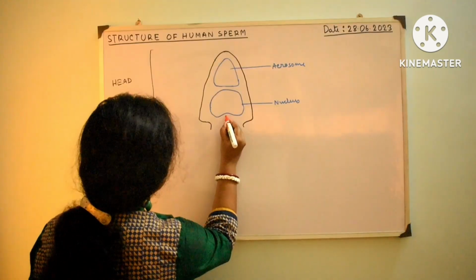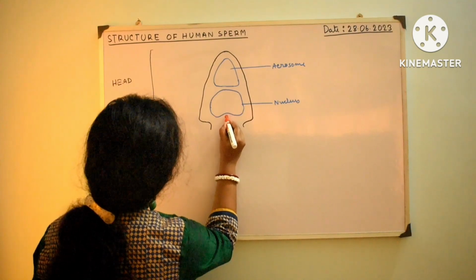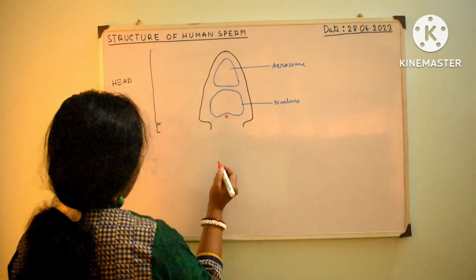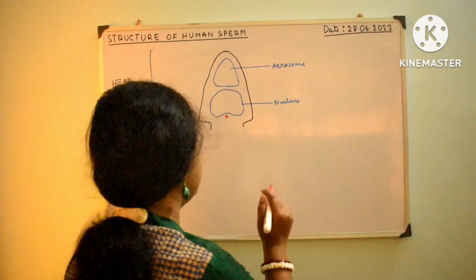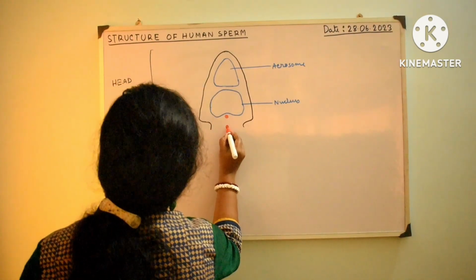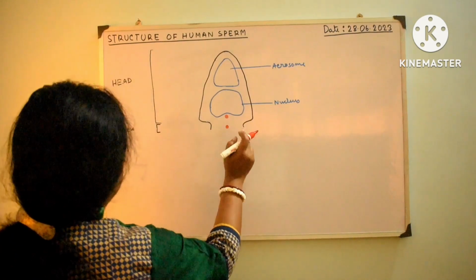Here there is a centriole, and in the neck portion there is also a centriole. These are 2 centrioles: one is present here, and another in the neck portion.